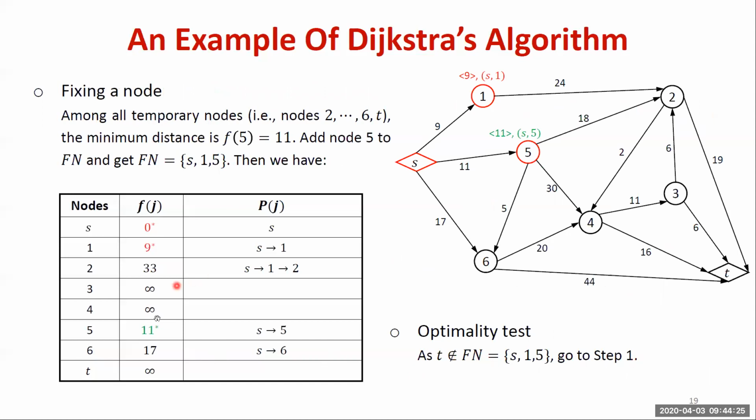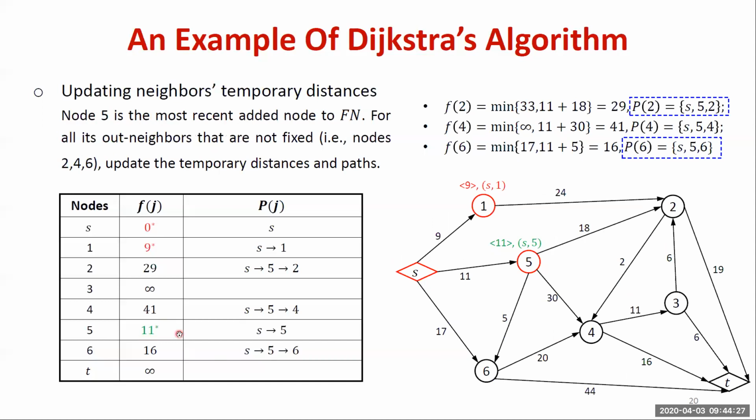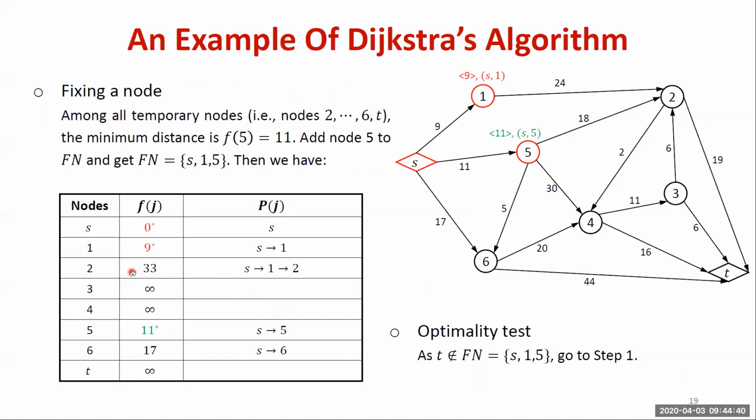Continue. Among all out neighbors of node 5, which are node 2, node 4, and node 6, you're going to update their shortest distance. For example, node 2: in the previous iteration, my shortest distance is 33, following the path S to 1 to 2.